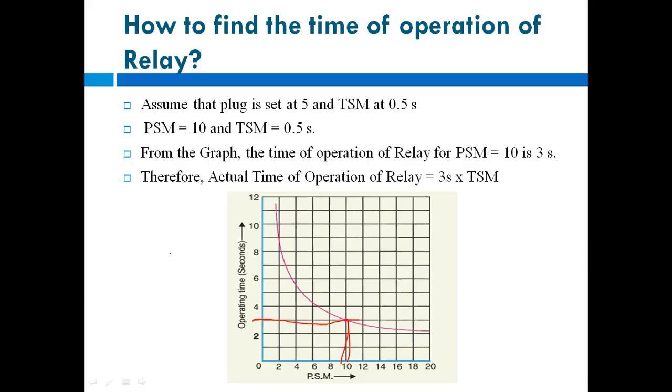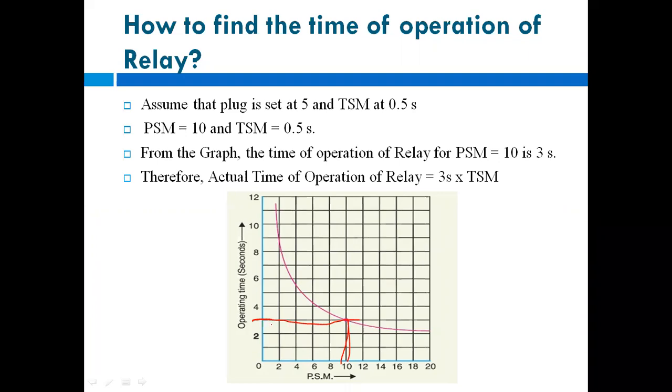So if the plug setting multiplier is 10 here, then the required relay operating time is 3 seconds.